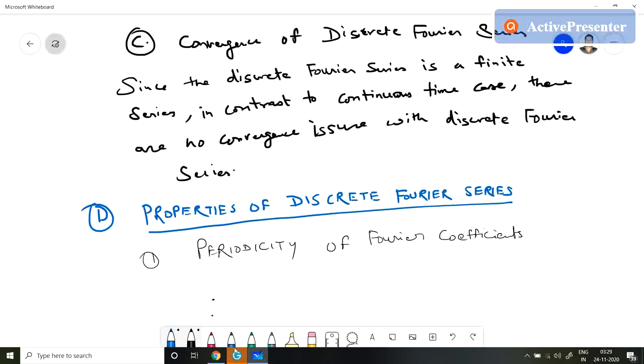Basically, the Fourier coefficients follow this condition: Ck plus N naught, if we add N naught to k, is equal to Ck.